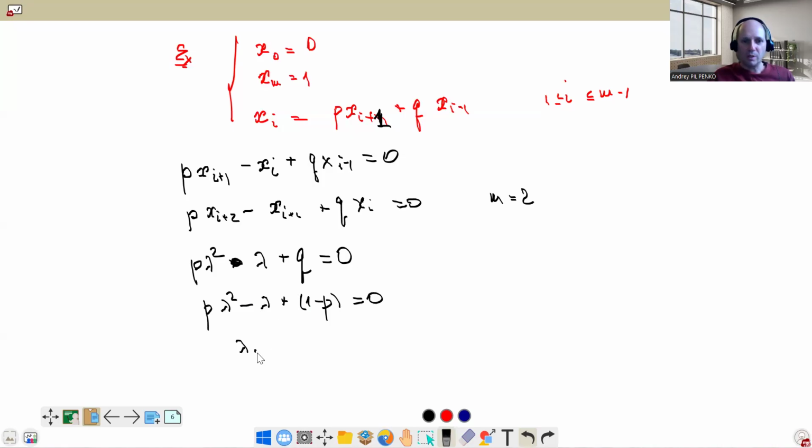You may factorize this, and you may observe that the first root is 1, and the second root is q over p, or 1 minus p over p.